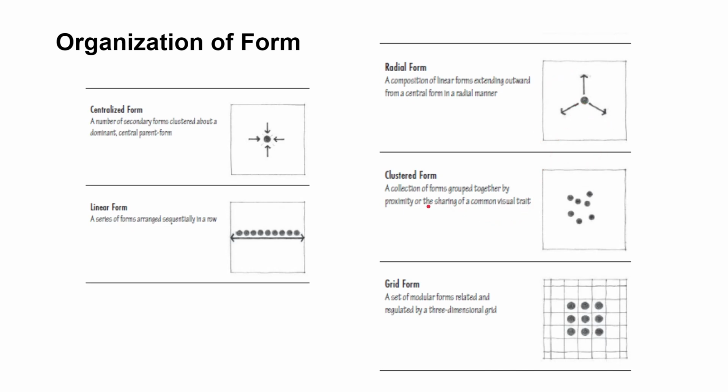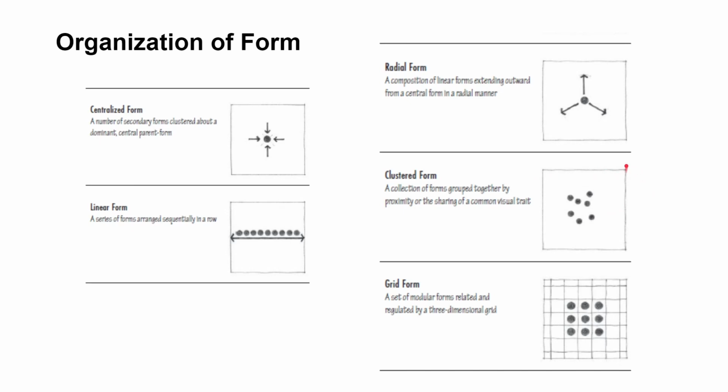A clustered form is a collection of forms grouped together by proximity and the sharing of a common visual trait. This is, I think, very typical in housing and developments. They share a common visual trait but are scattered or placed in a contained space.